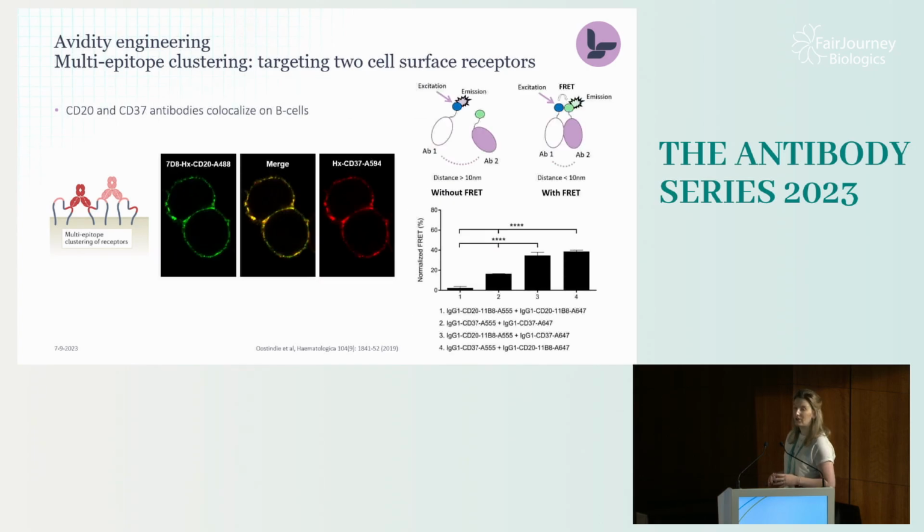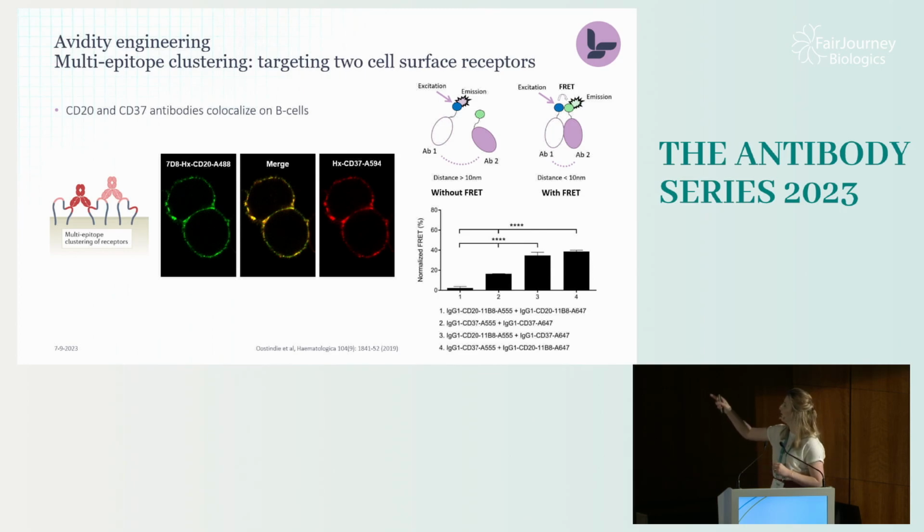So then we dived a little further into the mechanism behind this, because how does this work? And we looked using confocal microscopy and FRET assays at the co-localization of these antibodies on the cell surface. And CD20 and CD37, they're really highly localized. So the antibodies are really close together on the surface. And we could do that up to a distance of about 10 nanometers using FRET.